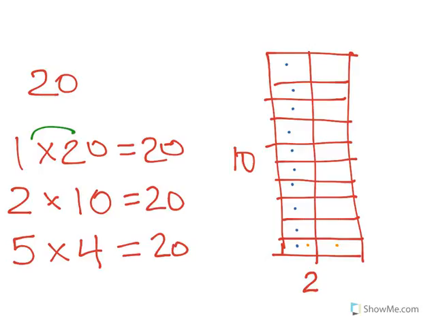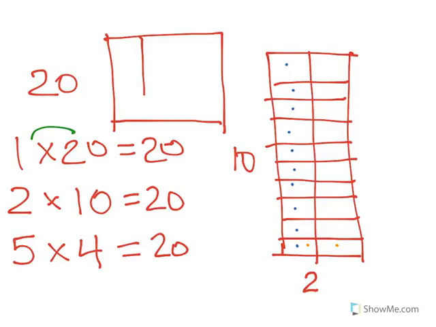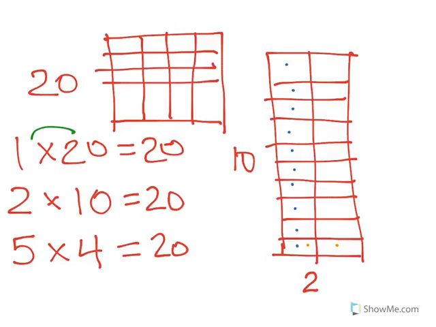Now I'm going to draw another one. So here we have 5 boxes, so 1, 2, 3, 4, 5, and then we've got 1, 2, 3, 4.